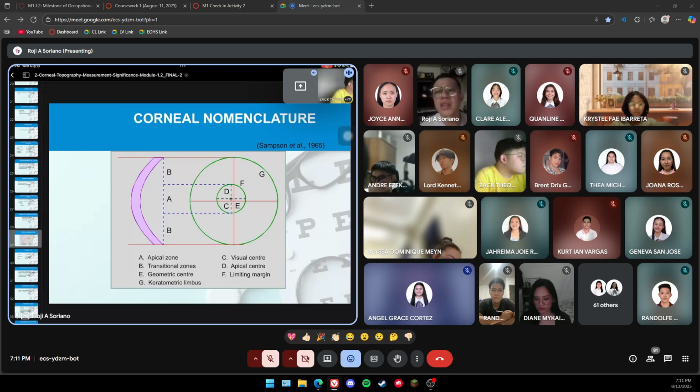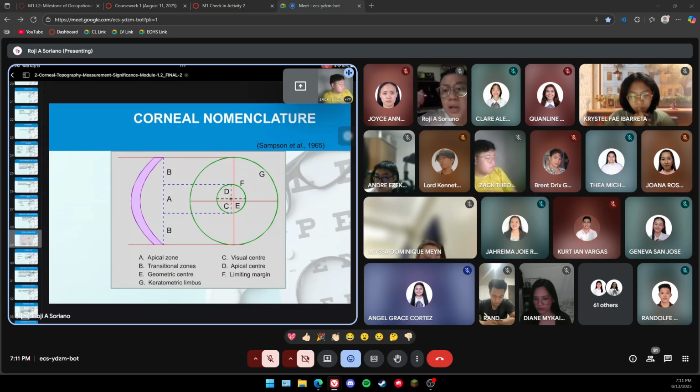So based on the diagram, can someone explain the apical zone? So that's the center. Transition zone. What does it mean? As I've said, if there's a junction, there must be a transition. When you say transition, I'm transitioning from earlier work now to homework, right? That's why it's all about word games.